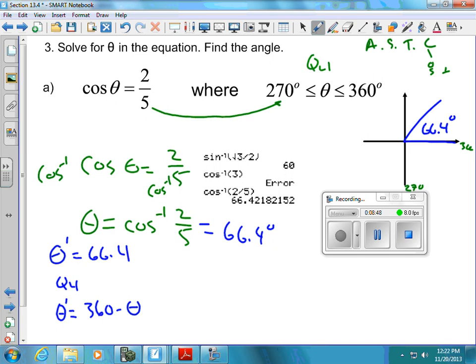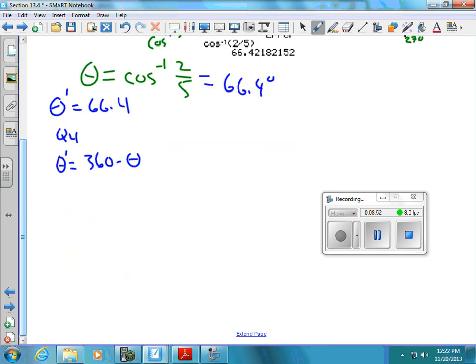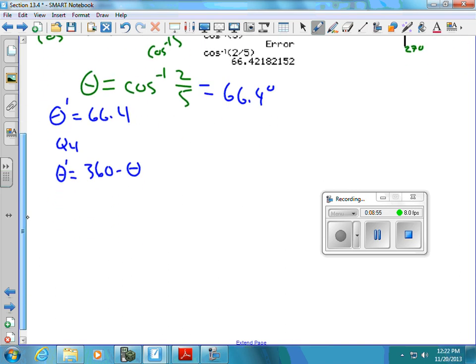So we can solve this and work in reverse to figure out what our actual angle will be in quadrant 4. If our reference angle is 66.4 degrees, I'm just going to plug it in and solve for theta. Subtract 360. When I subtract 360 from both sides, I get negative 293.6 degrees.